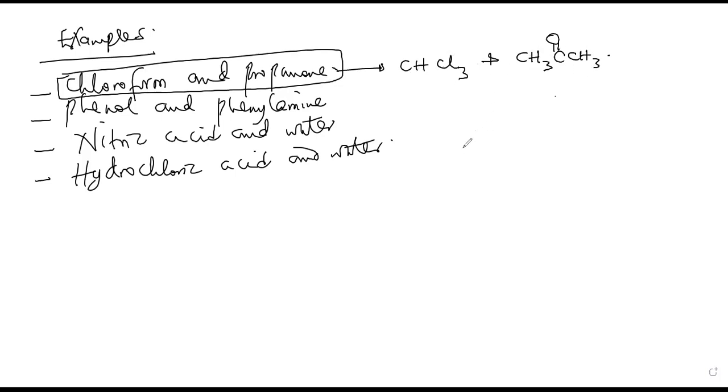What does it mean? When these two compounds are mixed, the negative charge on the oxygen atom of propanone and the positive charge on the hydrogen atom of chloroform strongly attract one another, forming hydrogen bonds. What am I trying to mean?